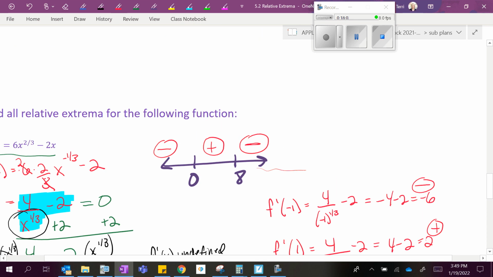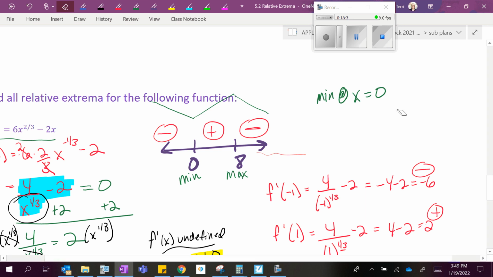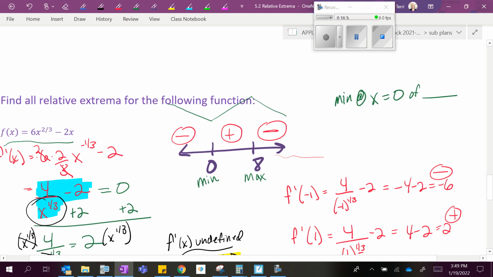So now I can see if I'm decreasing on this interval, then increasing, then I've got a min at 0. If I'm increasing, then decreasing, I've got a max at 8. So now my final answer is going to be a min at x equals 0 of, I plug 0 into my original equation.